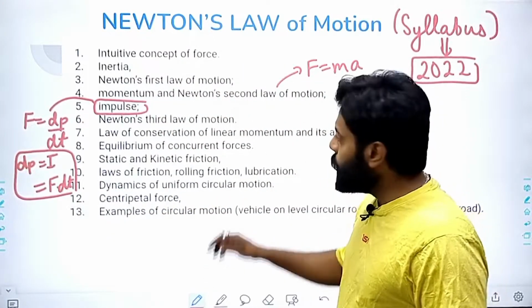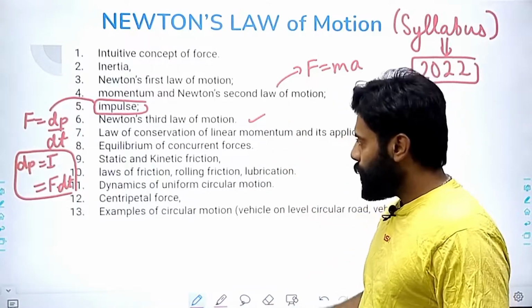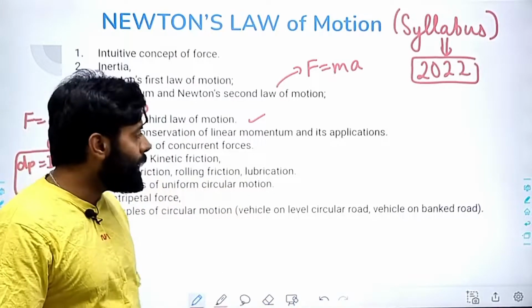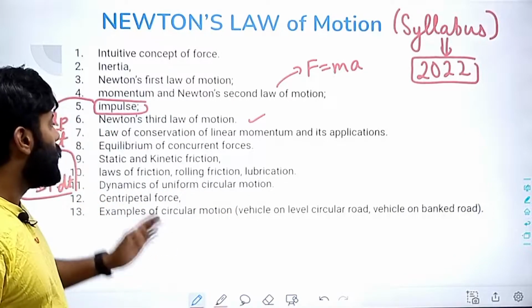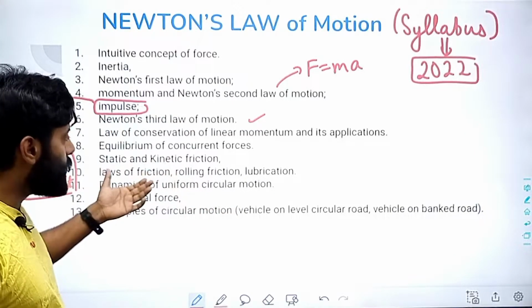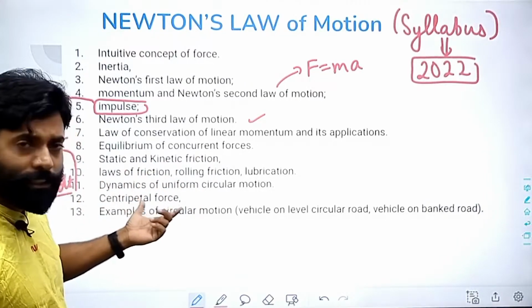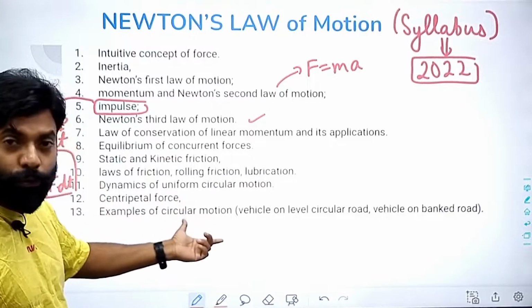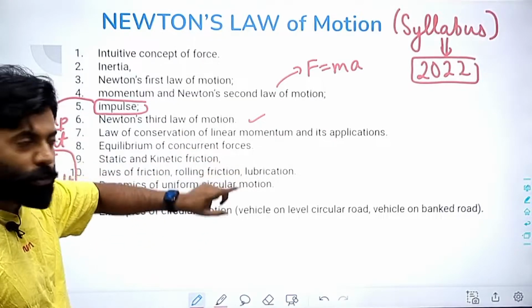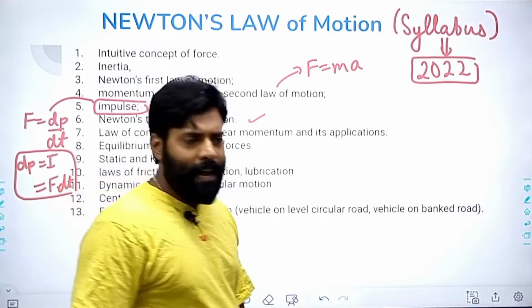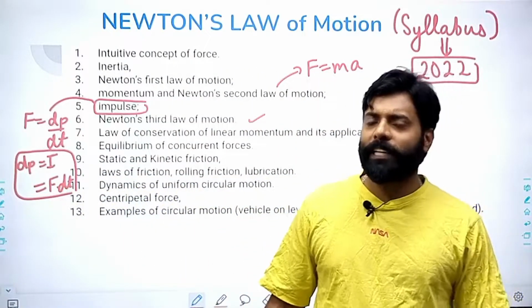Then there is Newton's third law of motion. Then there are the laws of conservation of linear momentum and its applications. Then there are equilibrium of concurrent forces, static and kinetic friction, laws of friction, rolling friction, and lubrication, and why these are required. Then dynamics of uniform circular motion, then centripetal force, and after that we will be studying banking.